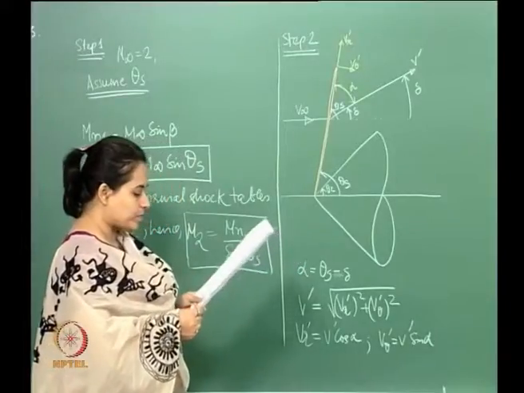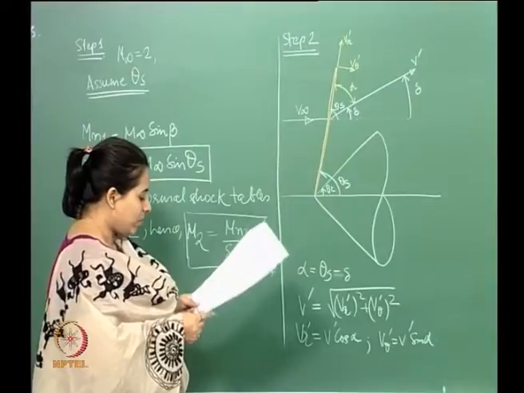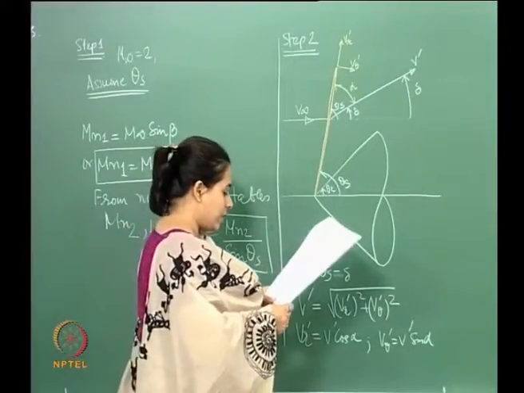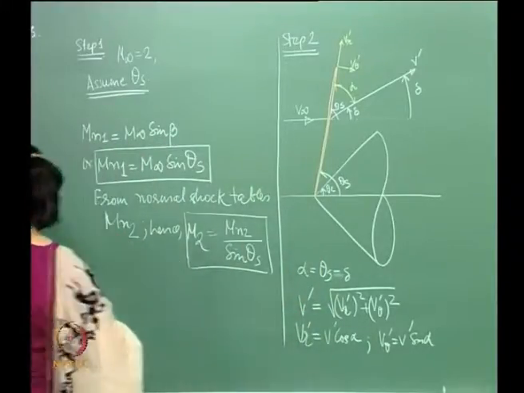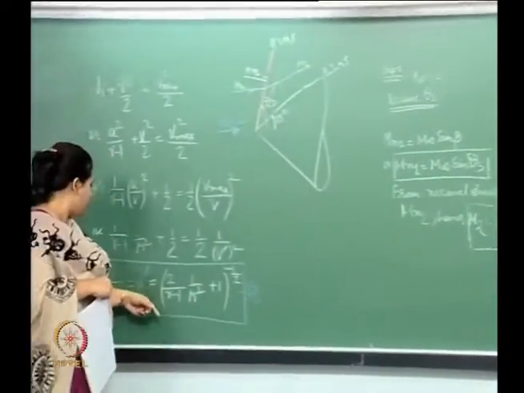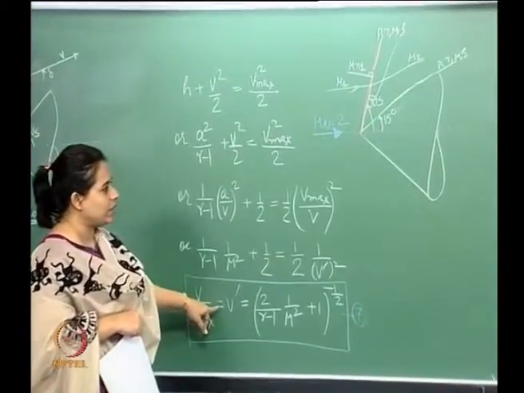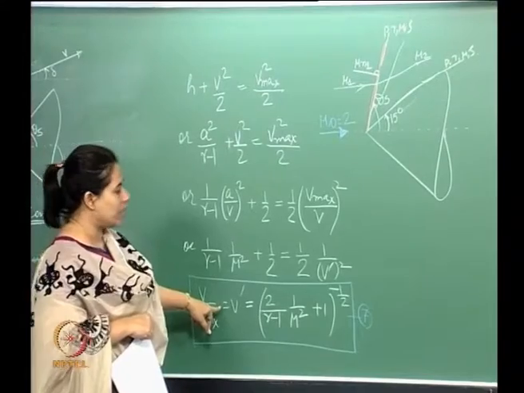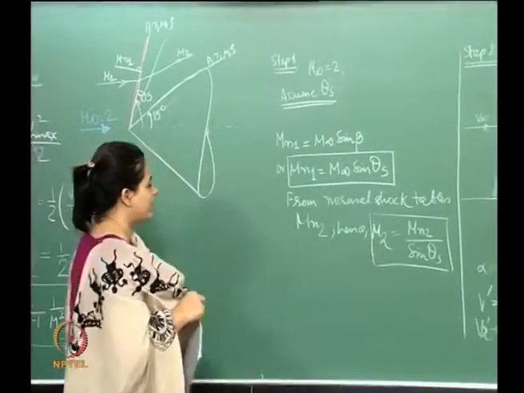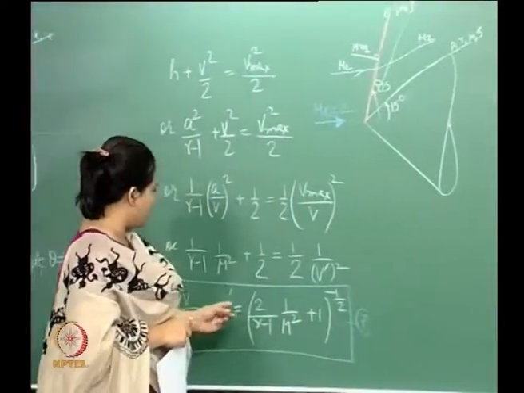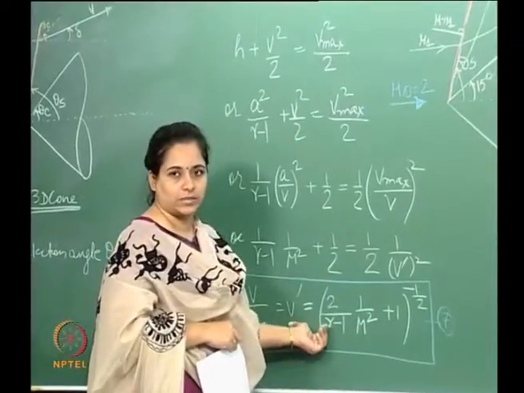So now we will use equation 7. V dash is something that we need. M2 is something that we have found out over here, using the normal shock tables. So if we put M2 here, we will get the corresponding V dash.